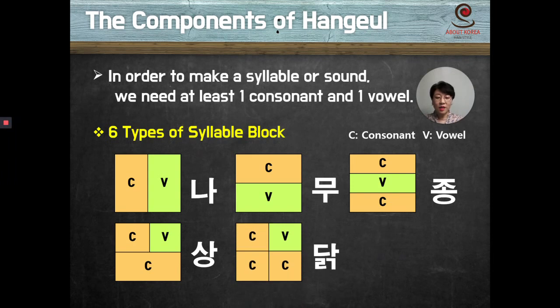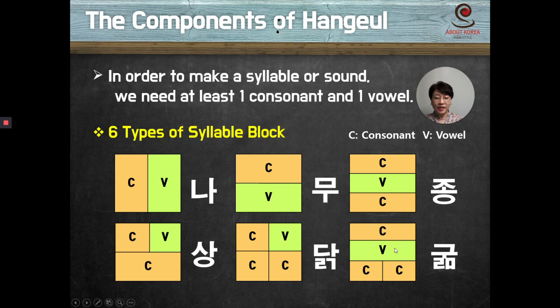The next syllable block has a consonant in the first position, a vowel in the second position, and consonants in the third and fourth positions. An example is 닭. 디귿 is the consonant, 아 is the vowel, and 리을 and 기역 are a double consonant in the bottom position. So we pronounce this 닭. That was the 5th syllable block.